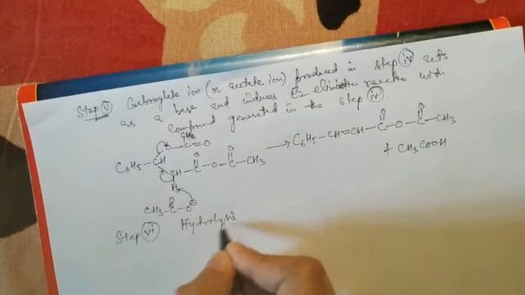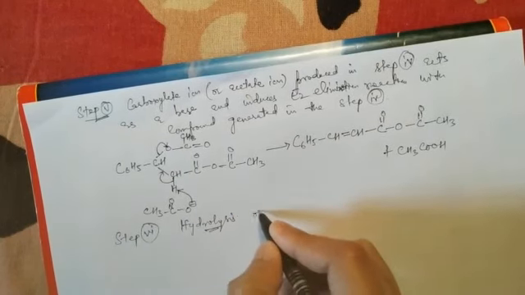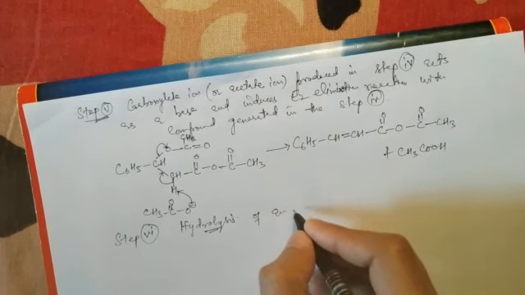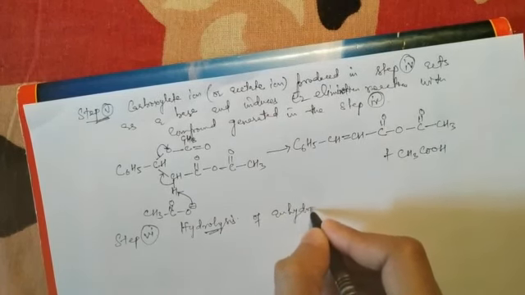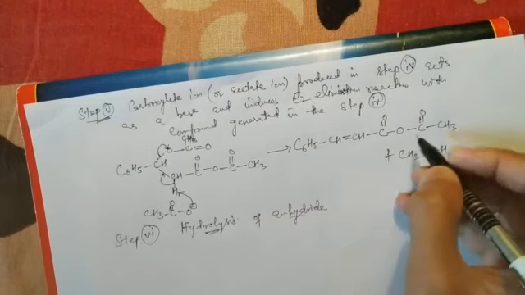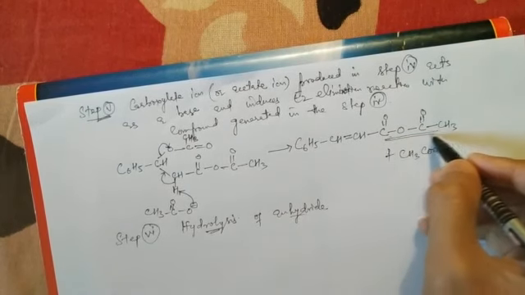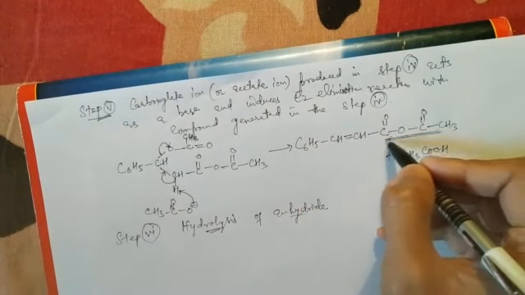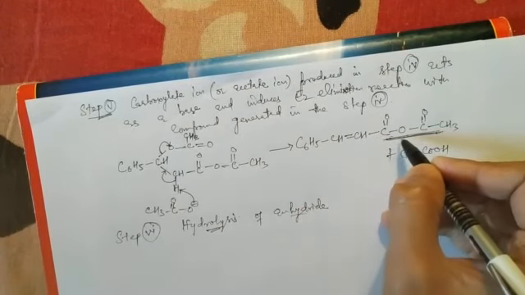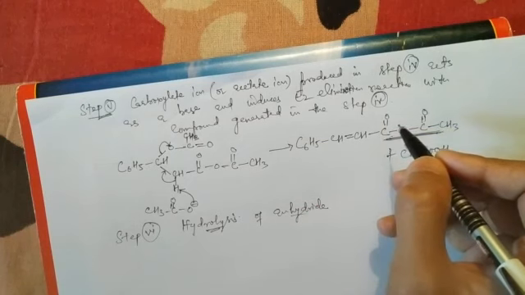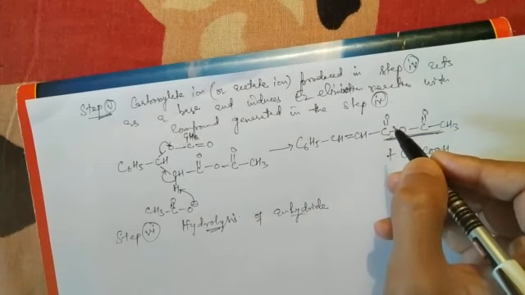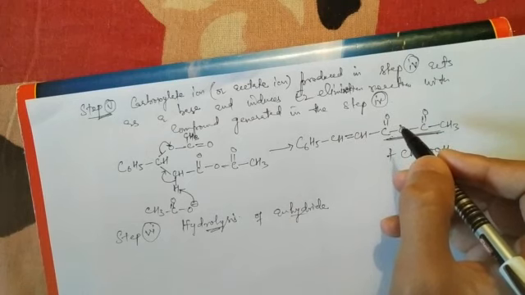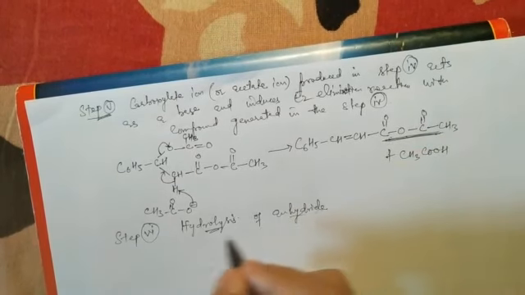Hydrolysis of anhydride. Since this anhydride is still attached to this unsaturated system, it will be hydrolyzed and we will get our final product, that is the beta-aryl or beta-phenyl alpha,beta-unsaturated compound.